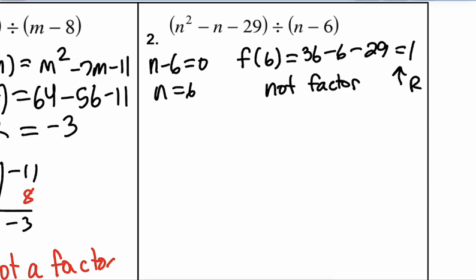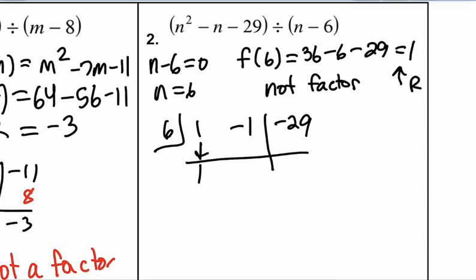Let's do the division to check that we're right. Well, we're going to put 6 in the corner. 1 minus 29. Make your division box. It's a perfect candidate for synthetic division. We're going to multiply, write it down, add them up. Multiply, write it down, add them up. Oh, what did we predict our remainder was going to be? 1.